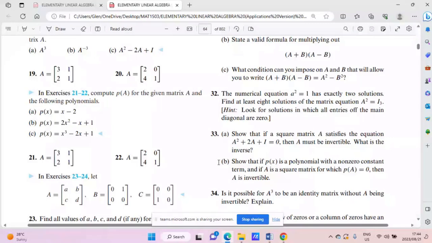The 2 is not the same size as matrix A, so we introduce our identity matrix, 1, 0, 0, 1, multiplied by 2, to make 2 the same size as matrix A. So we have 2, 0, 4, 1 minus 2 of the matrix 1, 0, 0, 1, which gives us 2, 0, 0, 2.